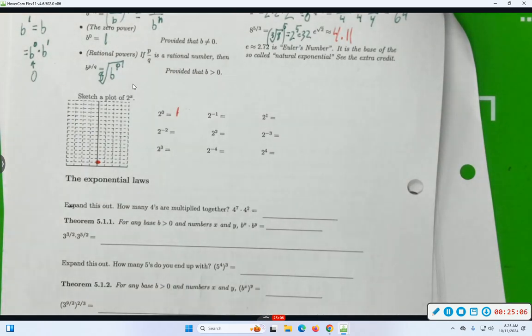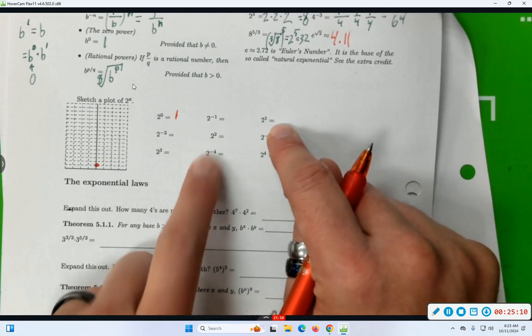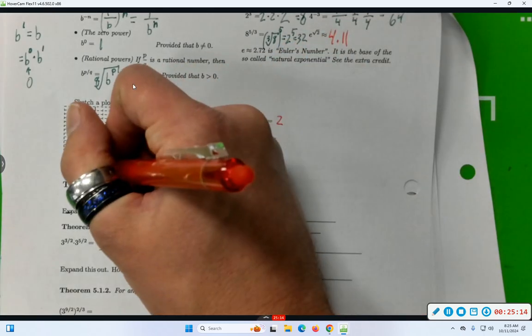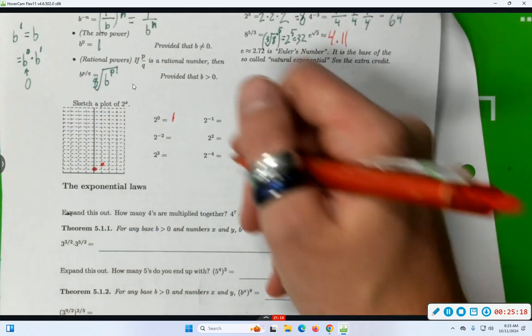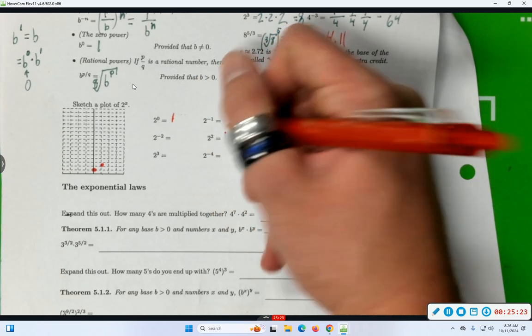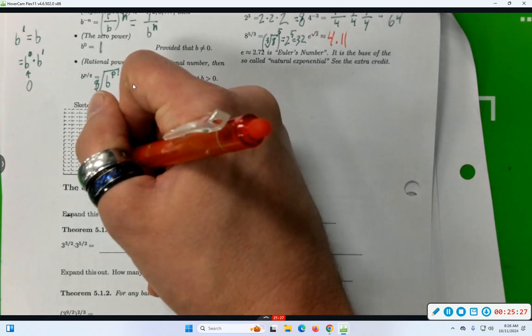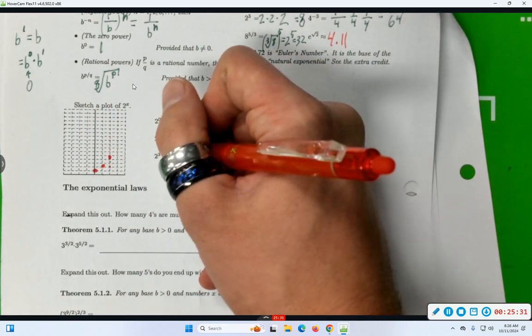2 to the power, let's see, I think I'm going to do the positive powers and then we'll do the negative powers. 2 to the power 1 is 2. So when x is 1, I'll plot 2. 2 to the power 2. Nice, so it's twice as tall. So there's 1, 2, 3, 4. 2 to the power 3.